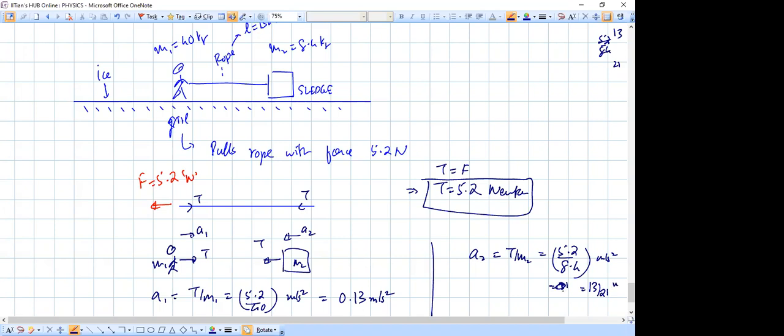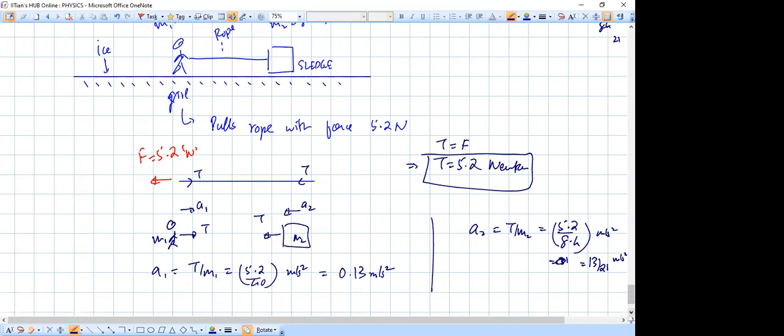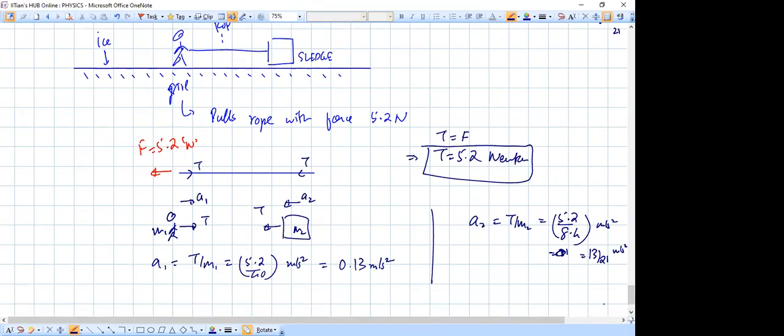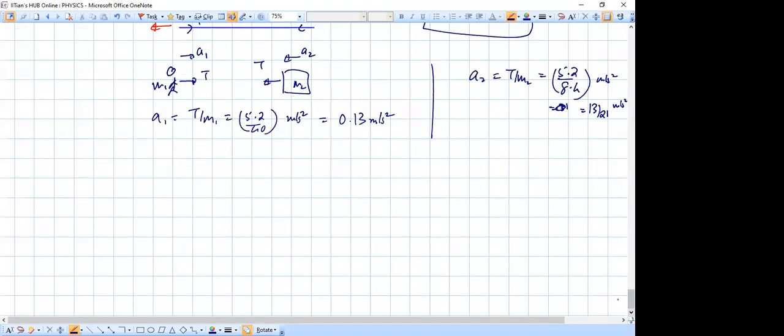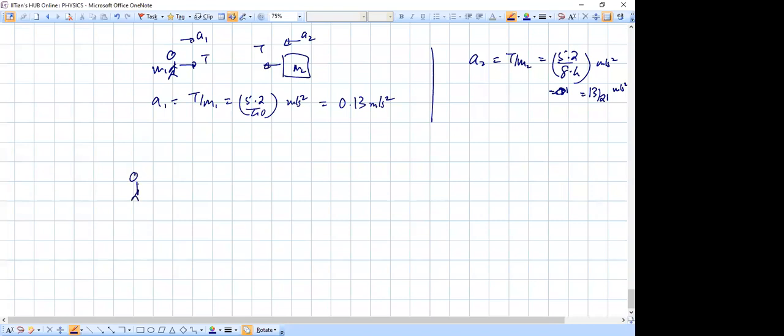Okay, so now you want to calculate where they will meet. We have the acceleration of the girl and the acceleration of the sledge. How far from the girl's initial position do they meet? For that you have to understand that they start with accelerations a1 and a2, with a distance of 15 meters between them.